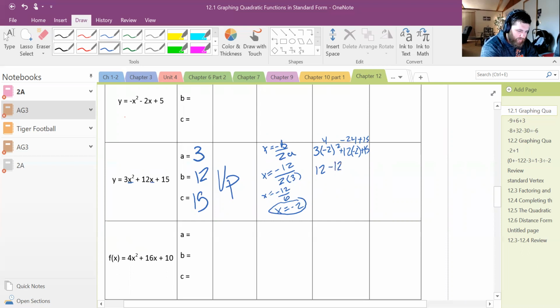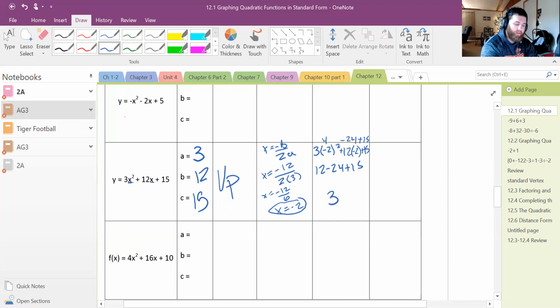Then minus 24 plus 15. 12 minus 24 is negative 12. Oh, gosh, quick math in the morning. Negative 12 plus 15 is 3.